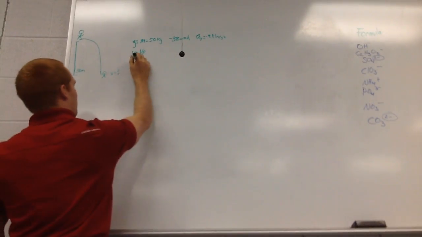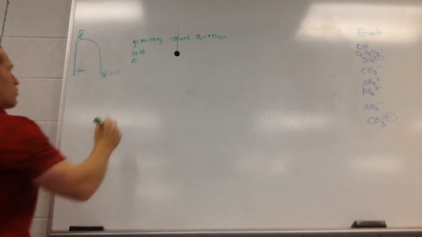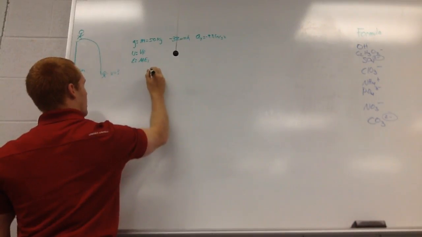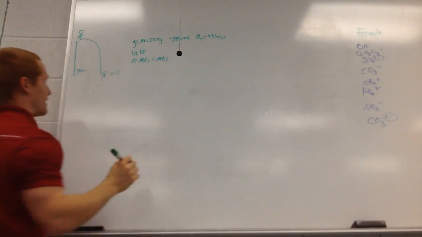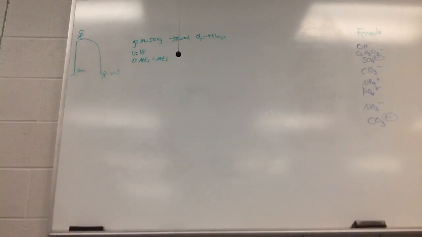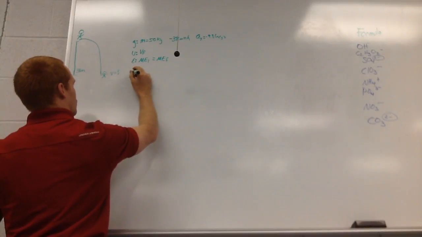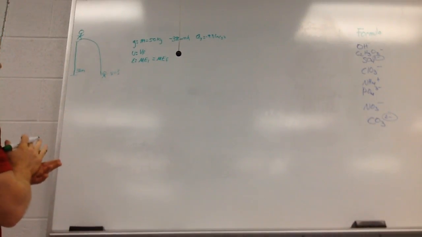So the equation I'm going to use is the conservation of mechanical energy. And so what that means, mechanical energy at the beginning, initial, equals mechanical energy at the very end. So what I'm going to do is I'm going to expand these. So mechanical energy initial, remember mechanical energy is all your potential energy plus kinetic energy.